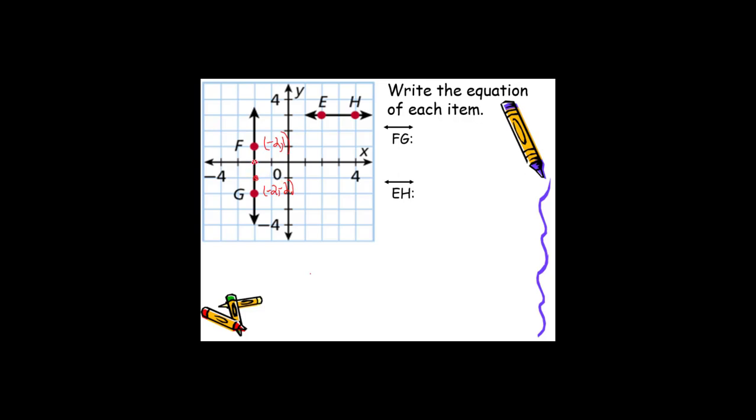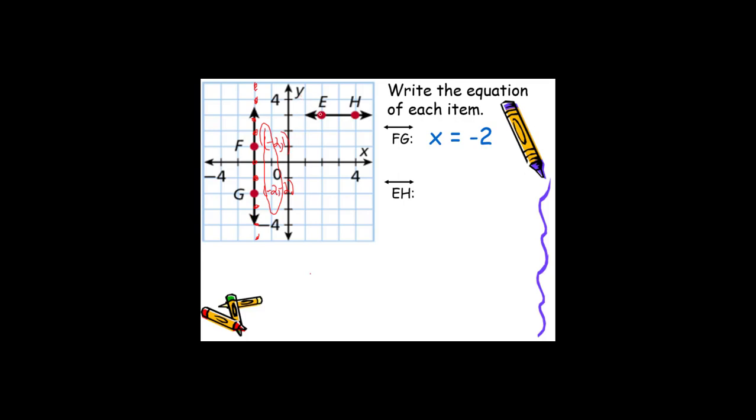If I pick any point on this line, and remember it continues up and down forever, the x value will always be negative 2. So therefore, our equation is simply x is equal to negative 2, because every single time my x value will always be negative 2.